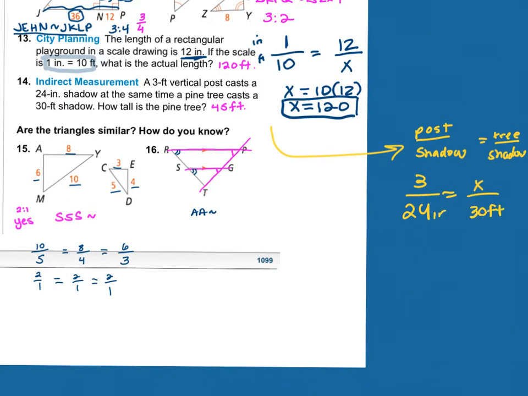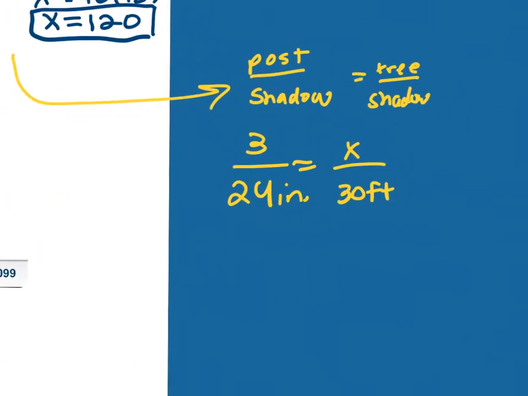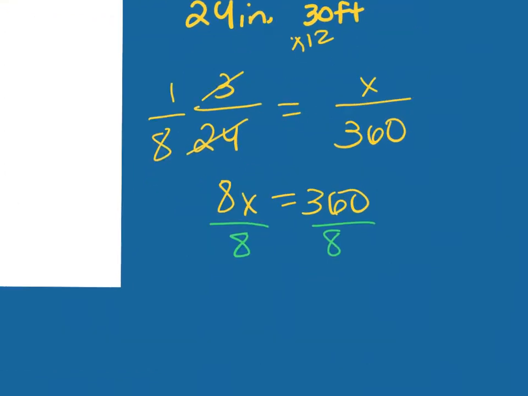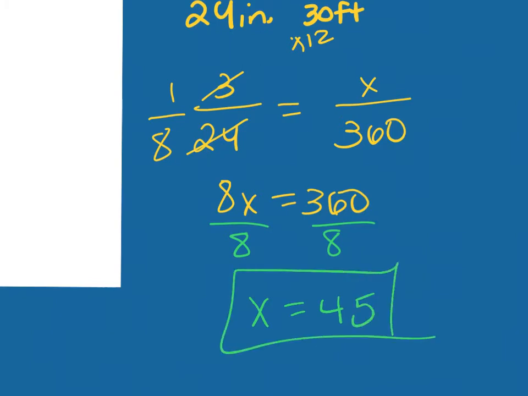This is inches. So the first thing you have to do is convert those feet to inches, right? So this would be times 12. So it would be 3 to 24 would equal x to 360. Then it could be 1/8. So 8x equals 360. And 8 goes into both of those. And it'd be 45.